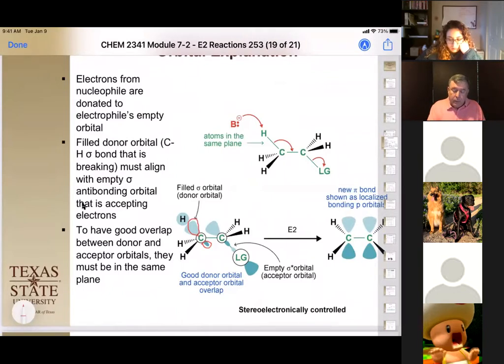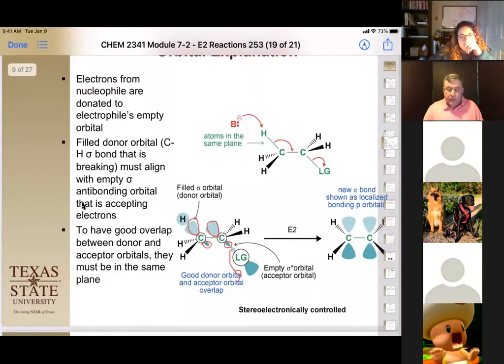And notice that as we're breaking this bond, the big part of the orbital is going to be on this side because the little part's here, because that's empty because it's taking the electrons with it. And notice how they're kind of lined up, so that as it hybridizes, they'll both line up and make our good pi bond with good p orbital overlap. Okay. So that's another way to look at why the hydrogen has to be anti to the leaving group.